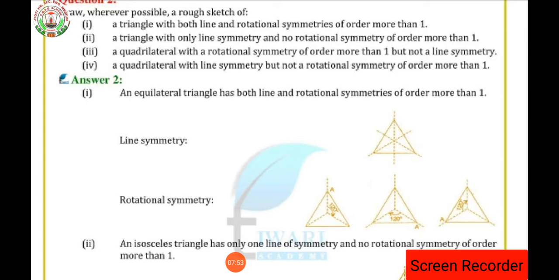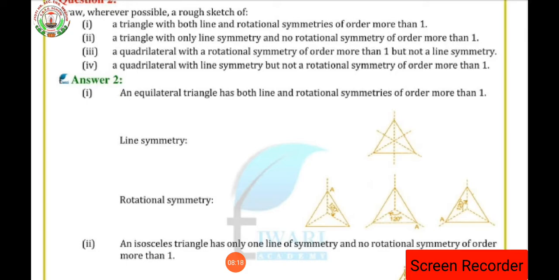The lengths are equal, therefore it has only 1 line of symmetry, but the rotation is not more than 1. No rotational symmetry of order more than 1 means it should not have more than one rotational symmetry, and the order of rotational symmetry should not be more than 1. This is said in the question. So that's why an isosceles triangle will come here.